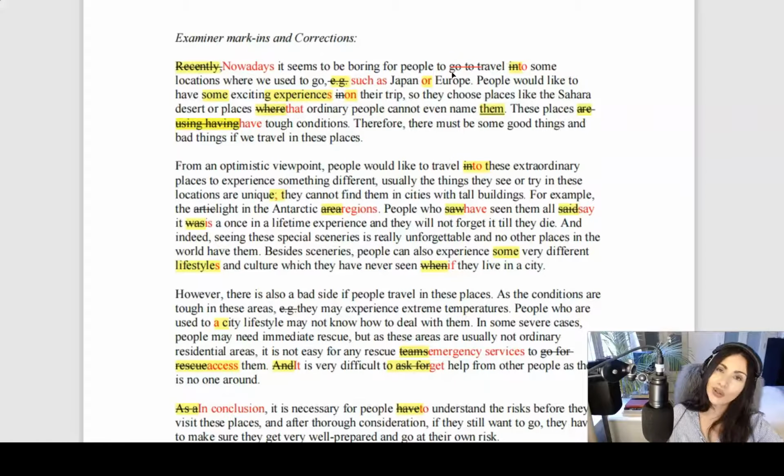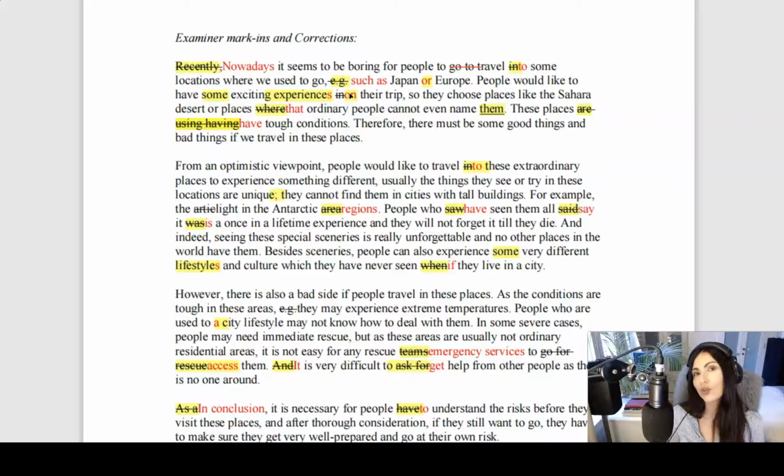We say you go traveling or you travel. We do not say you go to travel, so therefore that was crossed off. Prepositions here are important. You travel to a country or location, not travel in. You might travel in a car, for instance, or in a vehicle, right? So think about the prepositions you use. Abbreviations such as EG are not allowed and not accepted in Cambridge exam preparation.